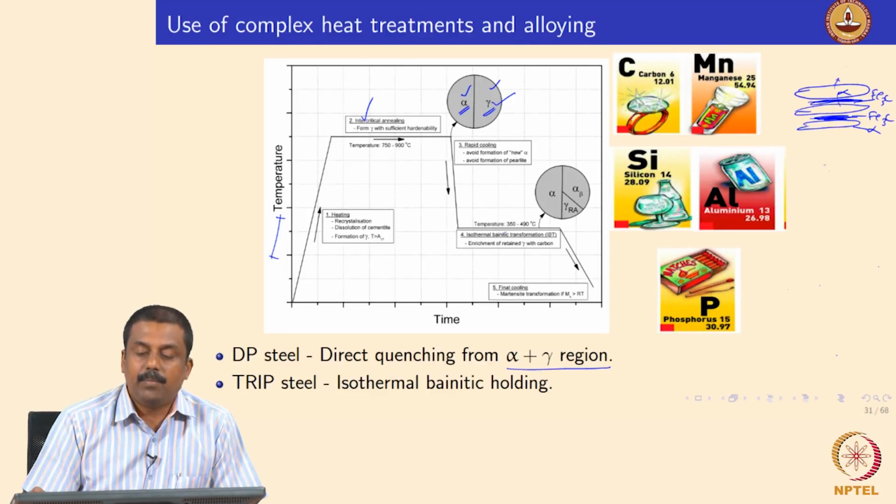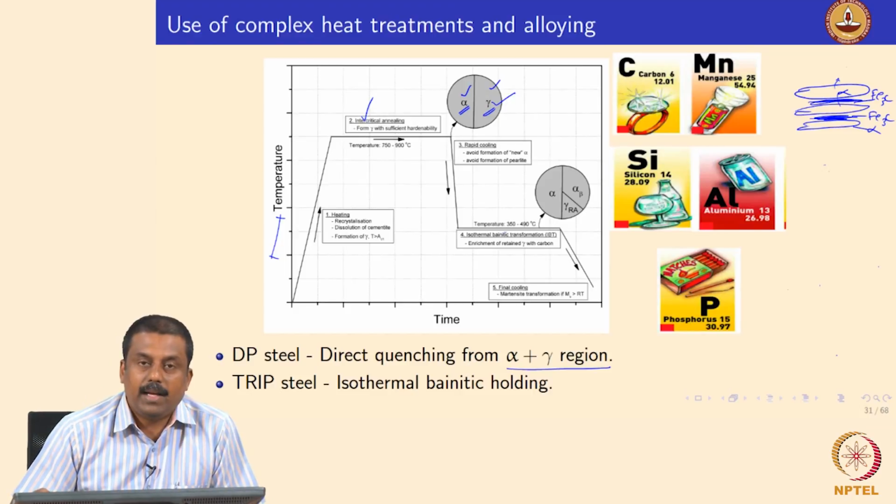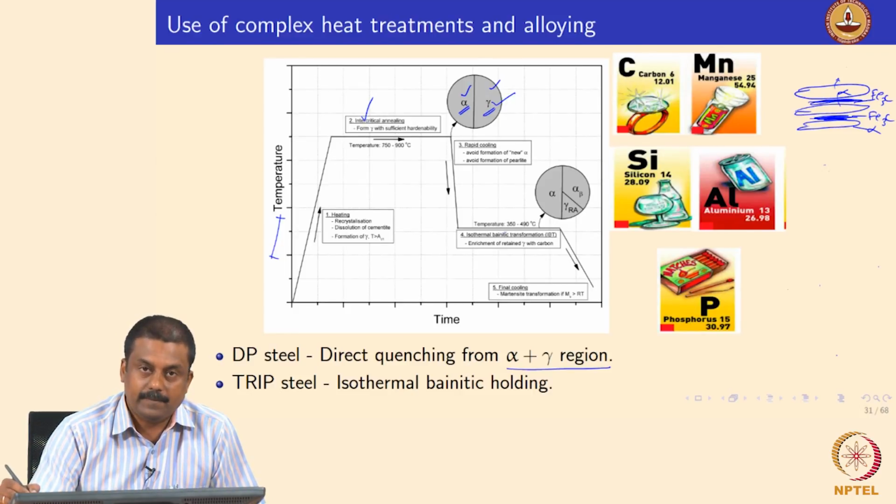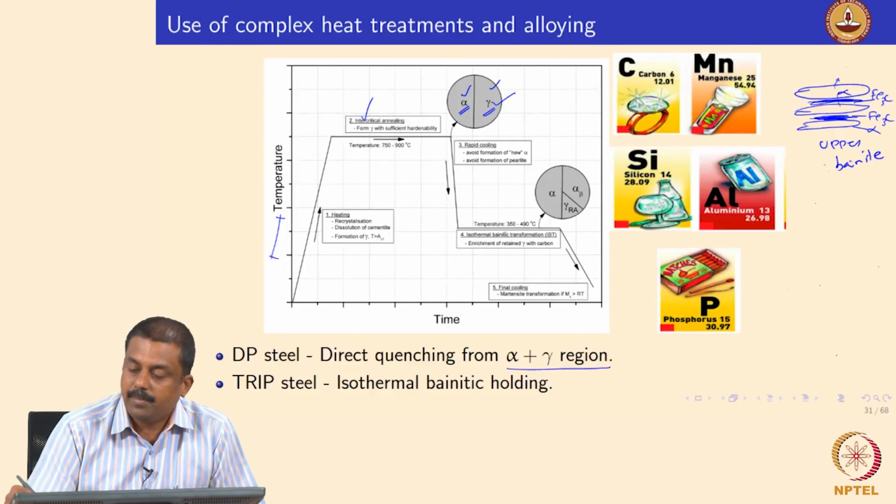Now we do some trick by adding some alloying elements in order to suppress this interlath cementite formation. This can be interlath cementite formation in case of upper bainite, right, or it can also be the intralath cementite nucleation as in the case of lower bainite formation.